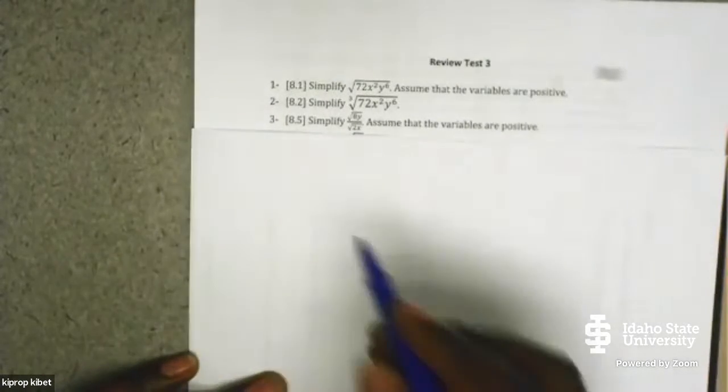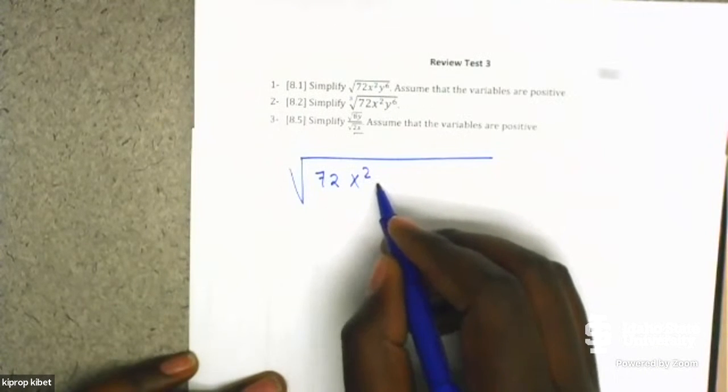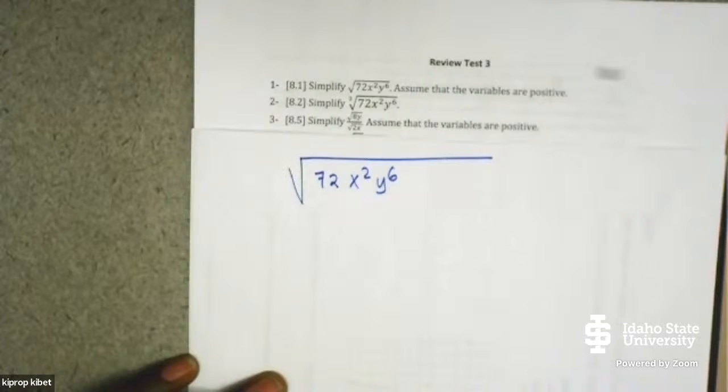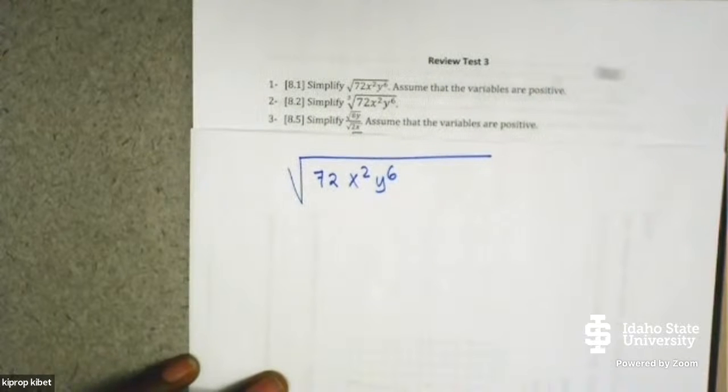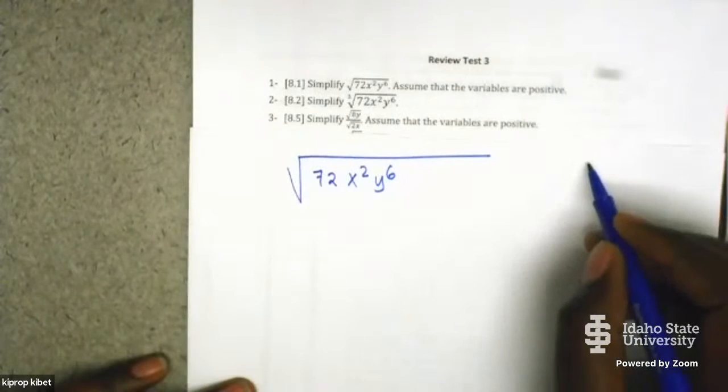If we look at number 1, you are given the square root of 72 x squared y raised to 6, and you're told to simplify that using the assumption that the variables are positive. So you write that in factor form.